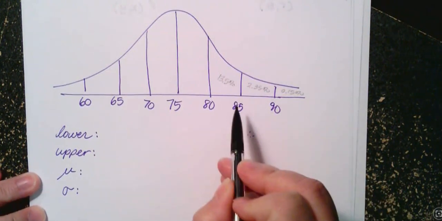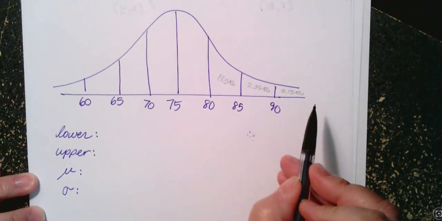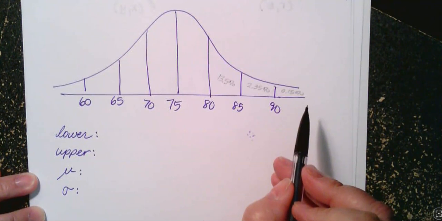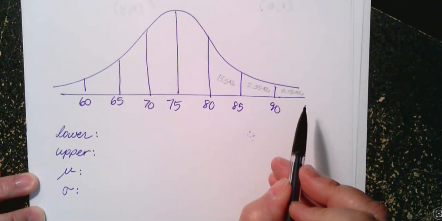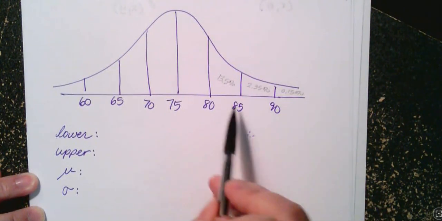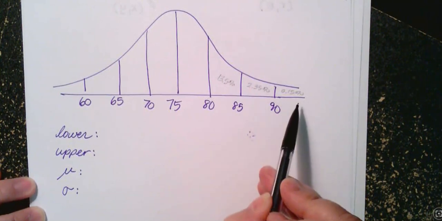Now, I'll tell you right now, it's not going to be exactly the same because the calculator is going to be more precise than the empirical rule. The empirical rule is sort of a broad picture of how it works and an approximation for each of those percents. So it's going to be close to 16%, but it's not going to be exactly that.